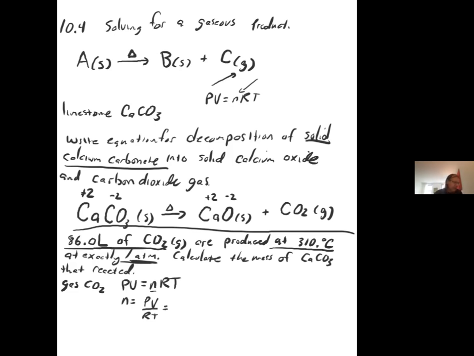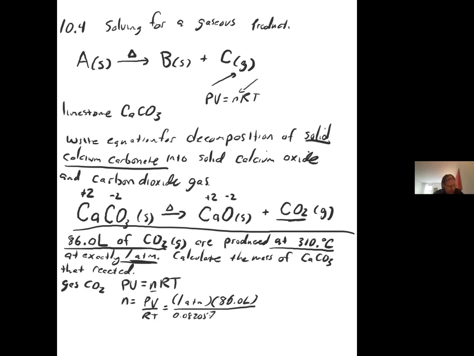Put that in. Why am I doing this? I'll show you why, but all that information that they give you is so that you can get n, so you can get the moles of CO2. So let me go through it. We have 1 atmosphere. That's an exact number, by the way. 86.0 liters, that's V. 0.082057.